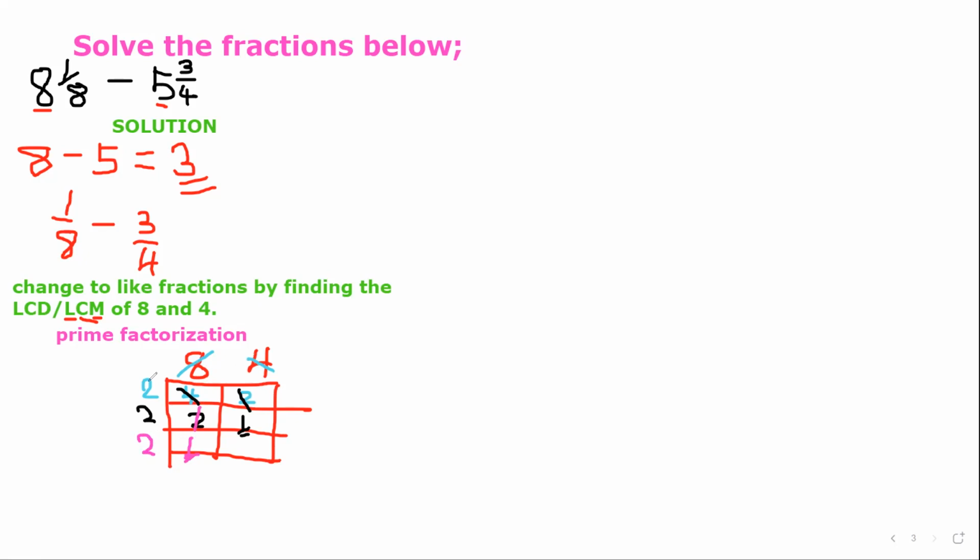Very good. Now, when you are done, the LCM will be the multiple of the numbers that we use to cancel the 8 and 4. So the LCD or the LCM is 2 times 2 times 2. 2 times 2 is 4. 4 times 2 is what? 8.